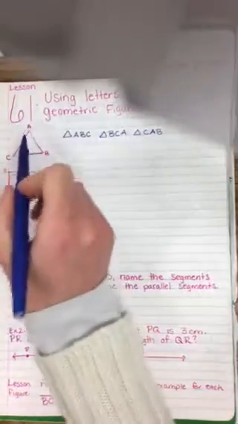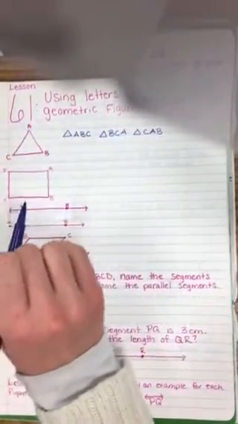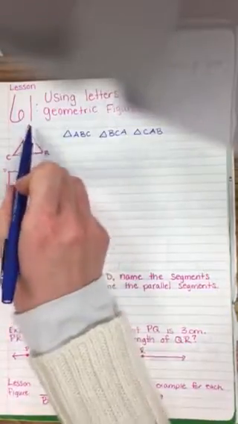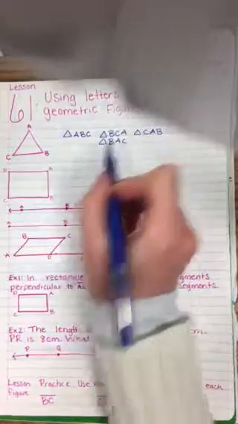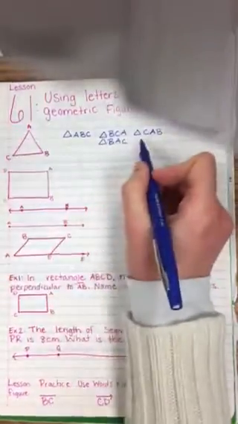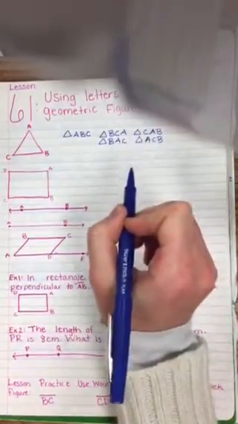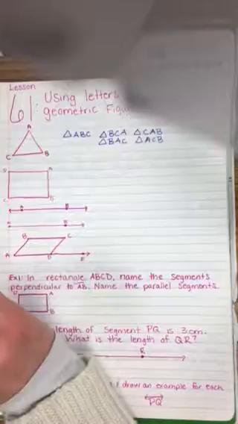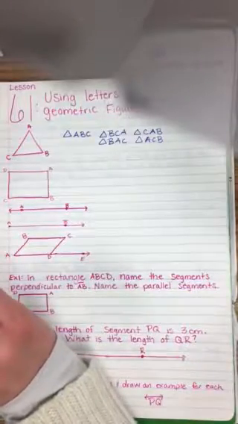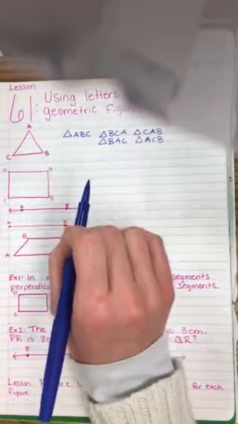You can call it triangle BAC. You could call it triangle ACB. And there's one more name that you could call it. Yeah, there's 6 names that you can call it.